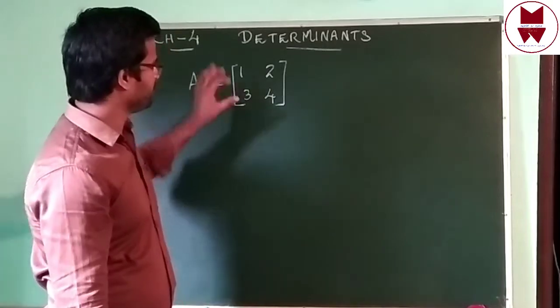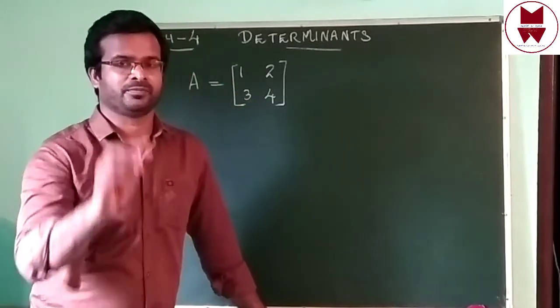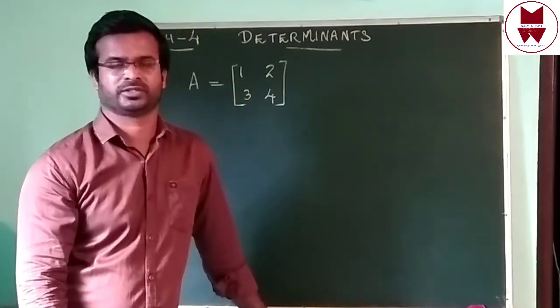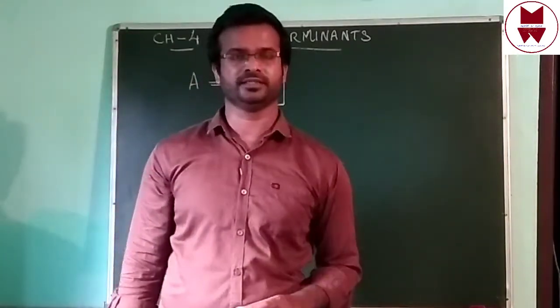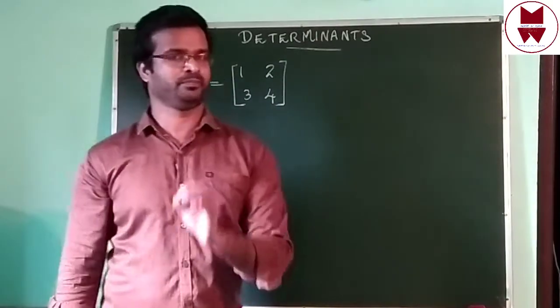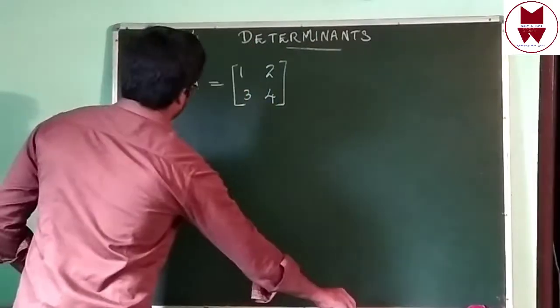Then from this matrix we can find one number. Related to this matrix, using some method, we can find one number. That number is known as the determinant.